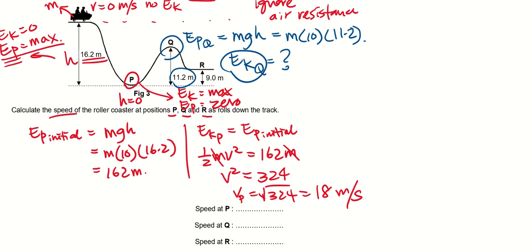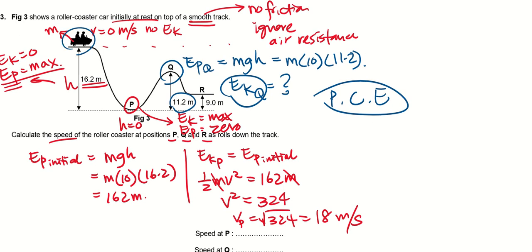So now I have to apply my principle of conservation of energy between initial and at Q. Initially I have this amount of energy, 162 m, correct? Because at initial I only have energy in the gravitational potential store.